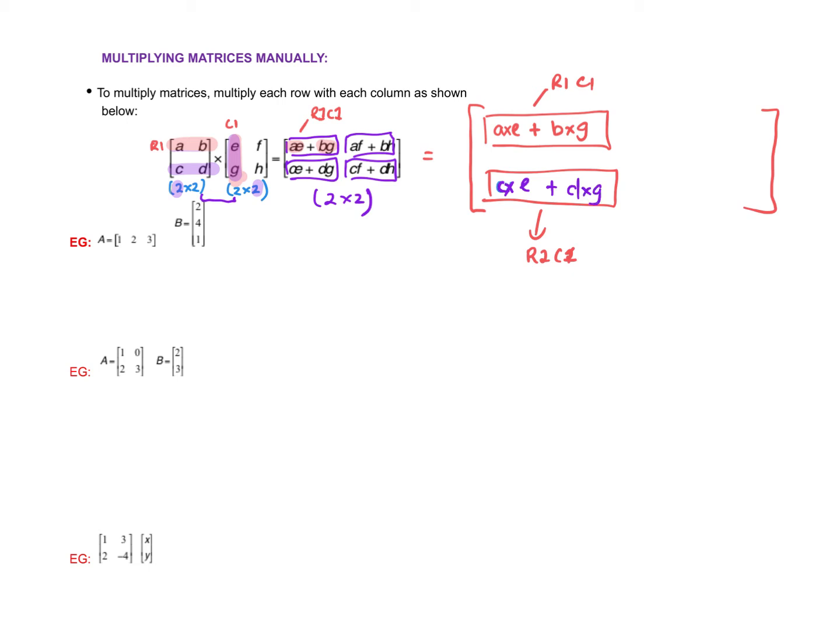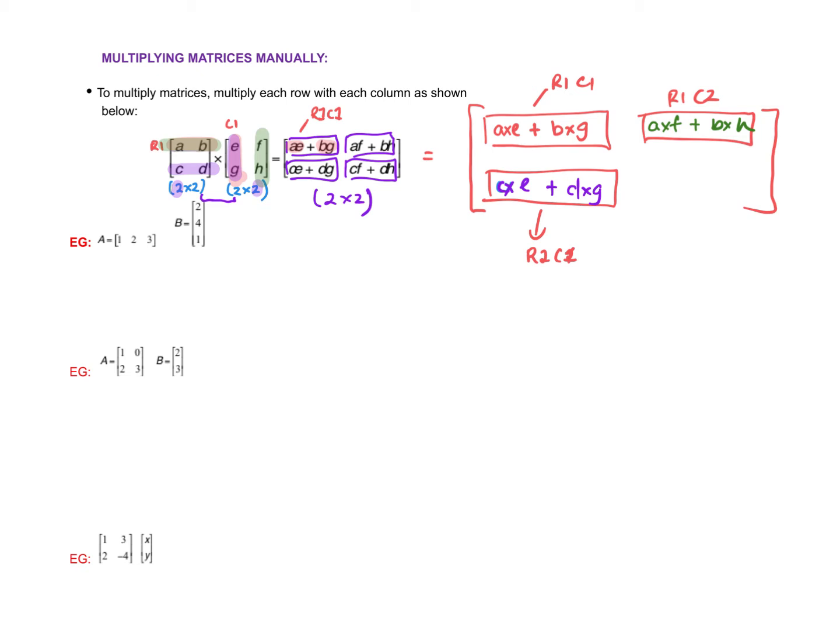If I went to change, so I want to do row 1, column 2. So I'd be over here. I'm doing row 1, column 2. I've got A times F plus B times H. Okay? Can you see that's what's happening? Yeah? So there's the go.